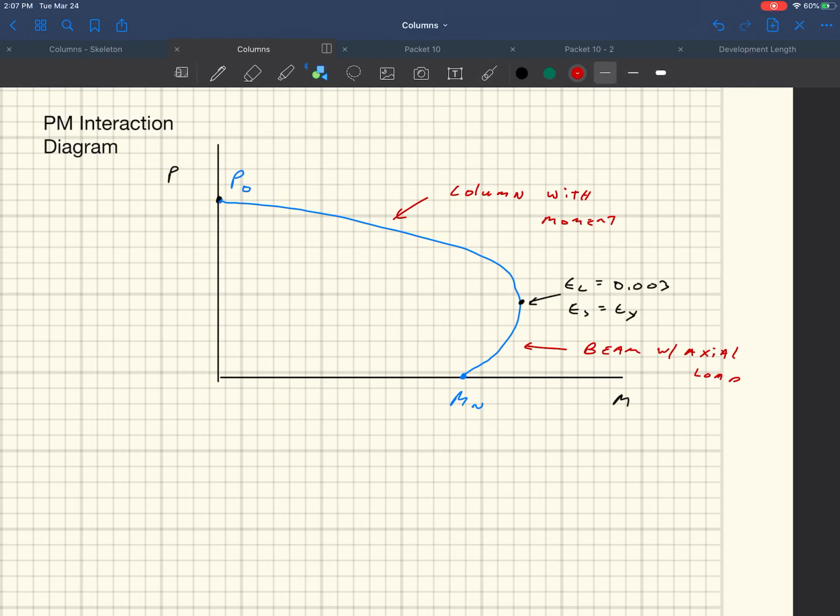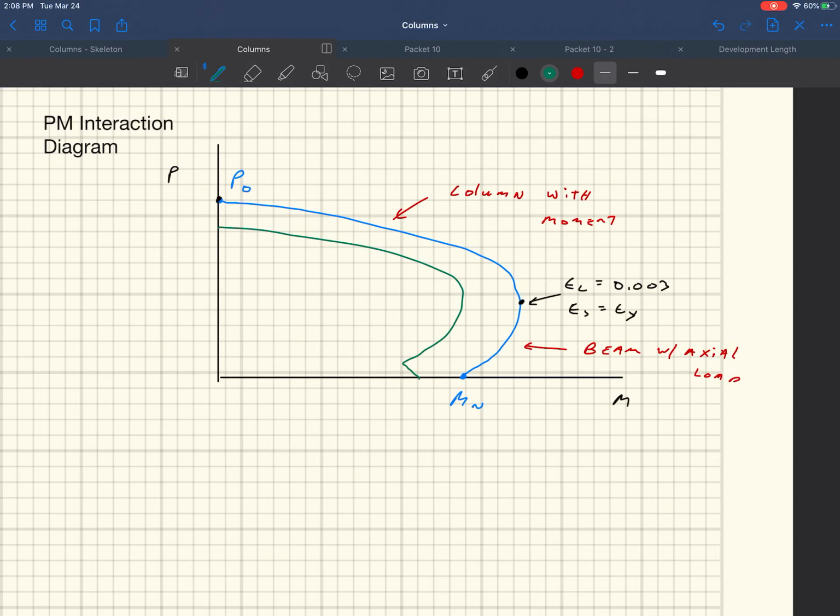The other thing that gets applied in this is the whole phi factors, right? The phi factors are part of this as well, and they change with how much ductility you have. The phi factors would go something like this, and there's a little bit of a kink in it.